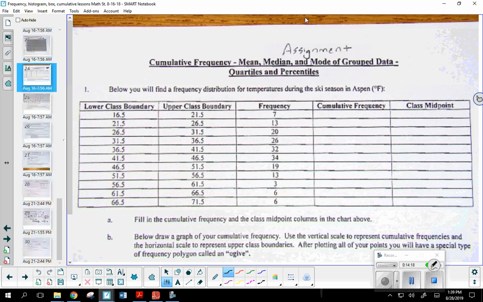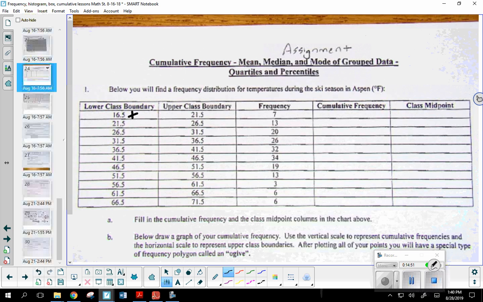Okay, because it's really our best bet, because these values, I mean, they could be anywhere. Okay, I could have 16.6, or I could even have all the way up to 21, and maybe even some of those temperatures would repeat. All I know is that there are 7 values between 16.5 and 21.5. So our best way of getting the mean, okay, our best approximation, is to use the midpoint. Okay, so basically for each one of these, you found that all you needed to do was take the lower value and add what?